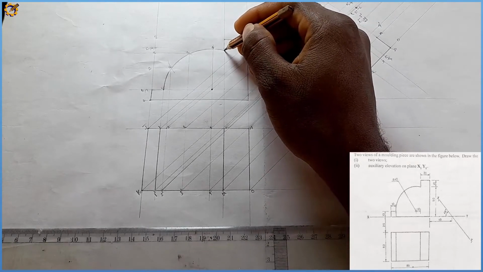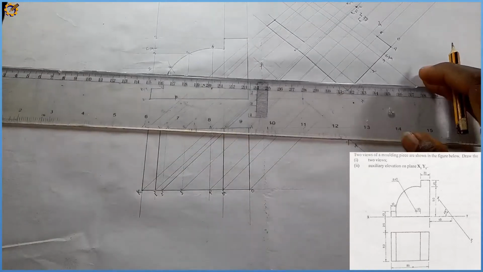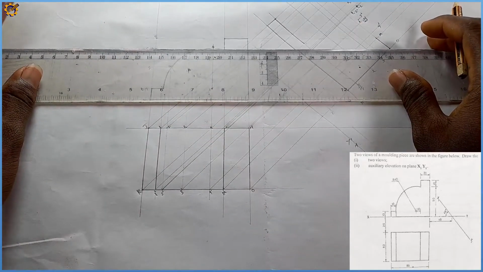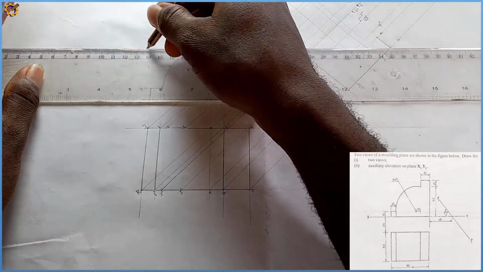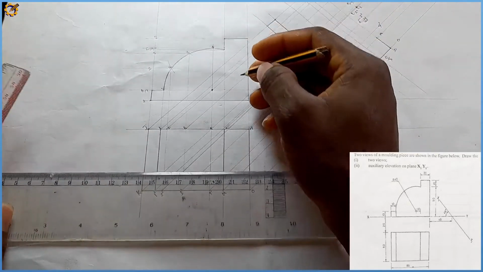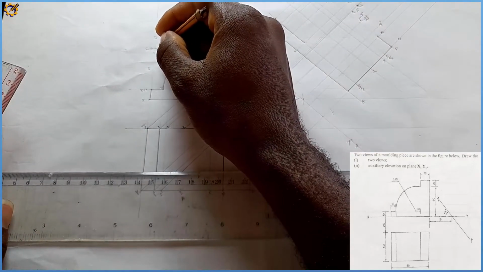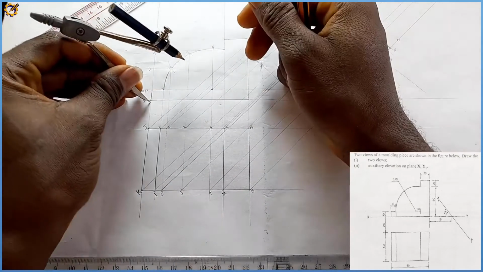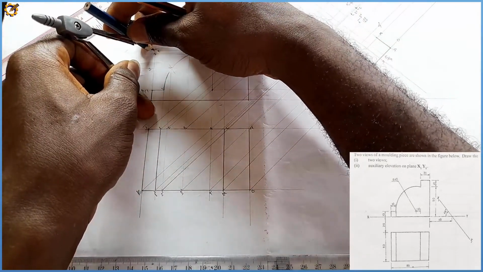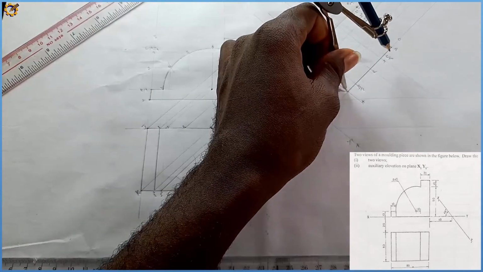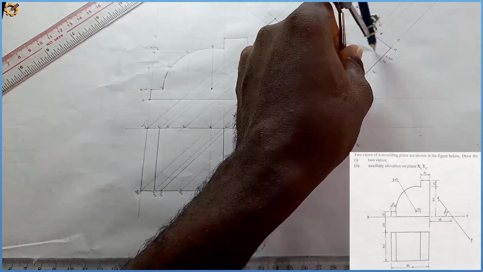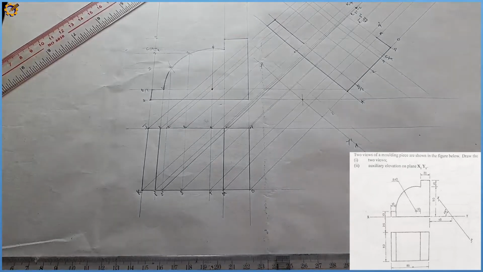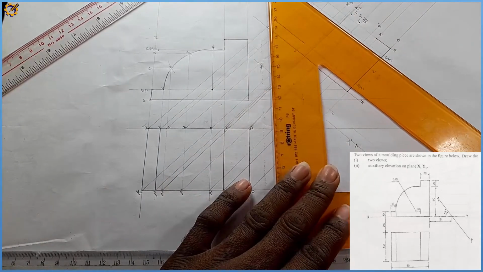Okay, I need to bring out this junction here. Let me name this place as mark U, because that area terminates at mark U. So A to U, that's A to U right there.